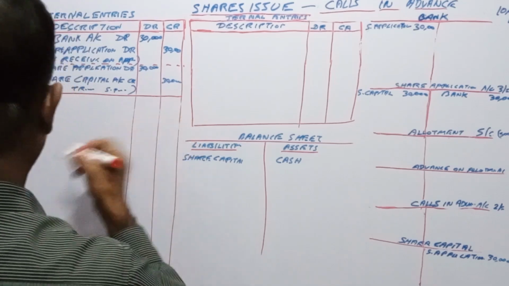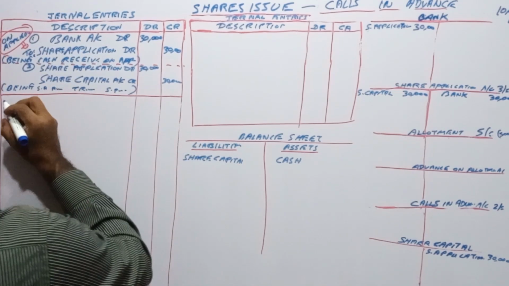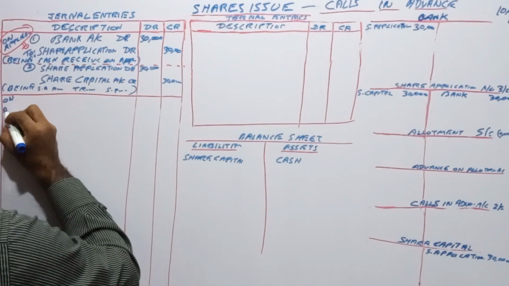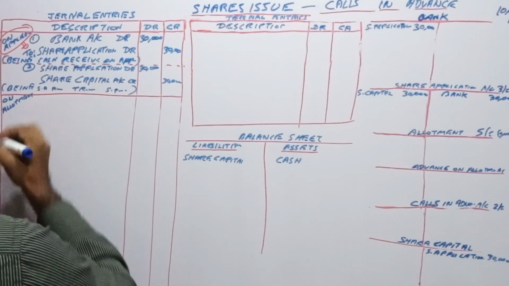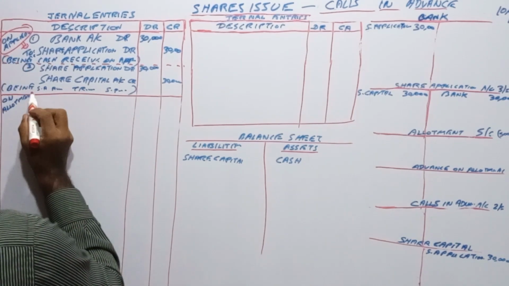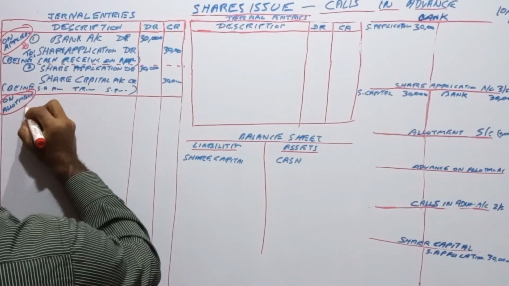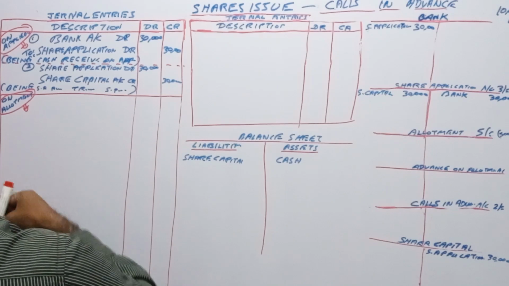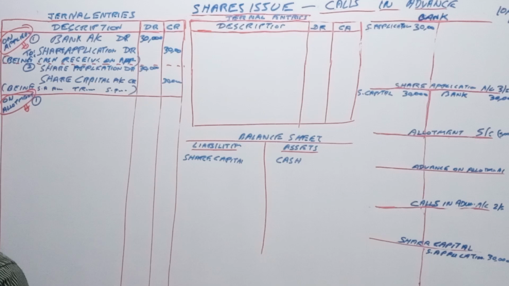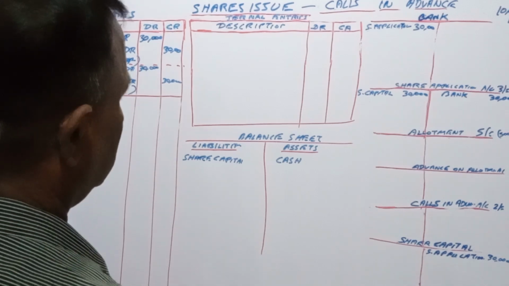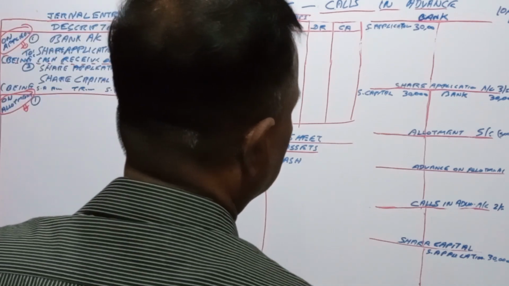Number 2 is on allotment. First, what is the due on allotment?